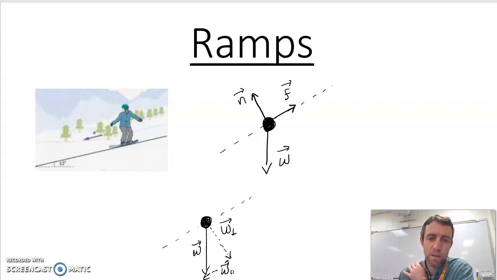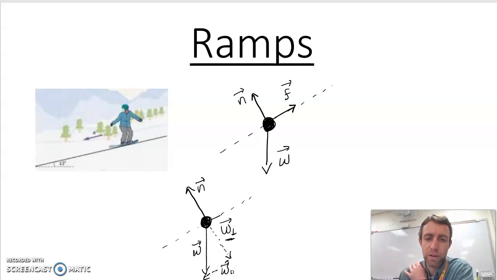Well, the skier or the snowboarder is not accelerating perpendicular to the hill, so that means the normal force has to be equal to this perpendicular component. These two forces have to cancel out. They add up to zero because there is no acceleration.